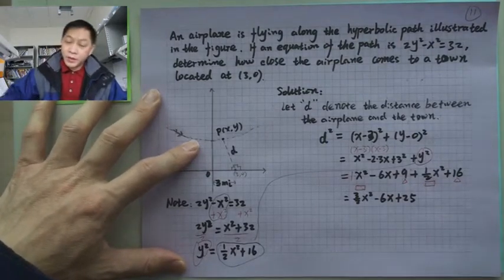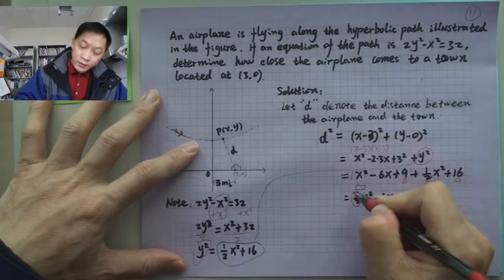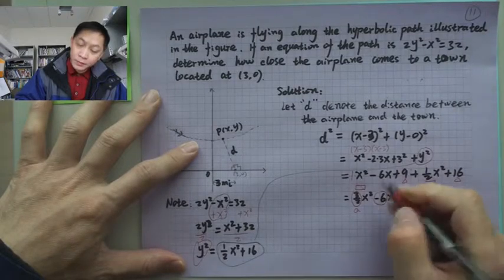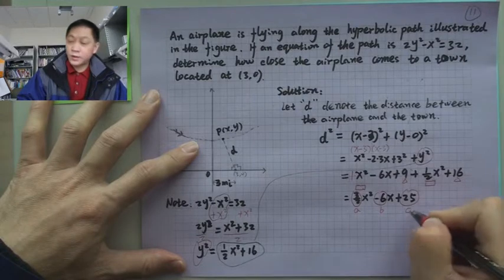Remember, this is a quadratic function. So here is our a, here is our b, and here is our c.